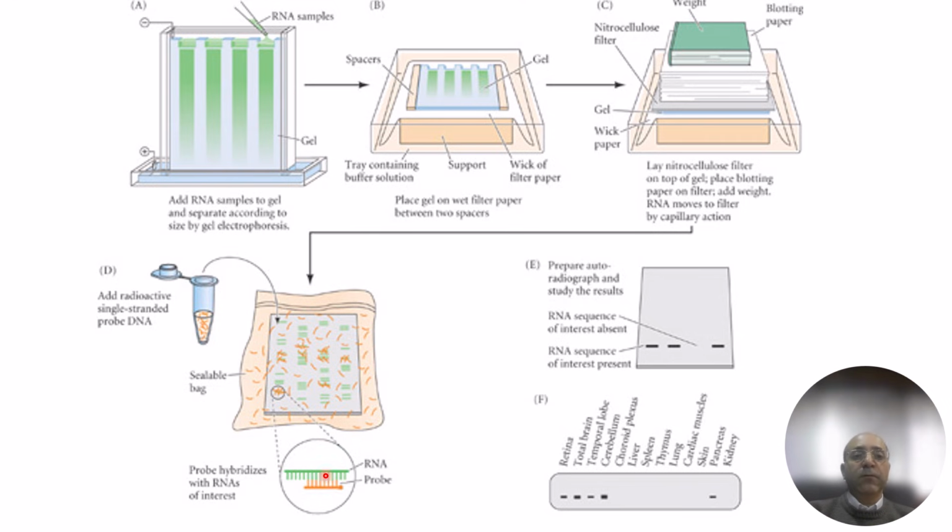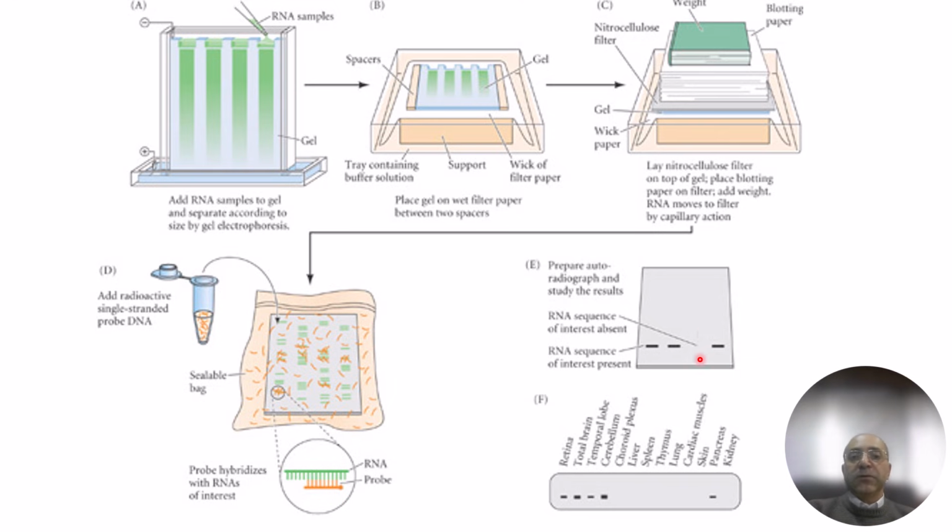And wherever the probe binds, we're going to get a signal. So for example, right here, we get a signal as shown in these bands. The bands of RNA look exactly like bands of DNA as well. So what we get from here is that samples 1, 2, and 4 are expressing this gene. They are transcribing this gene.